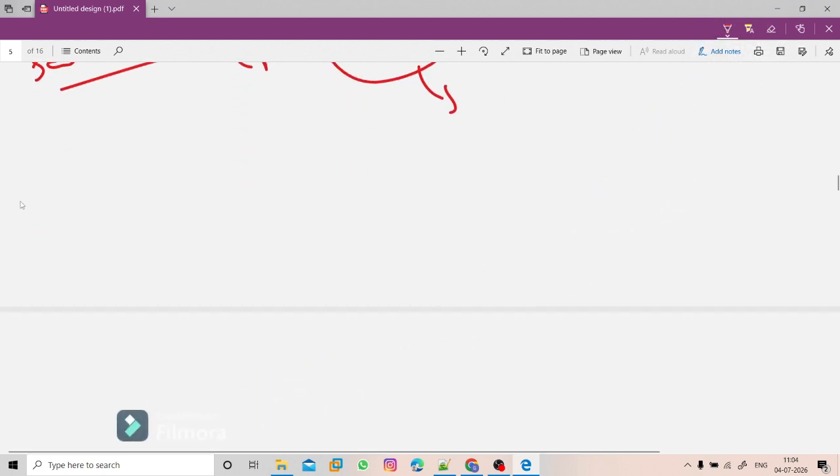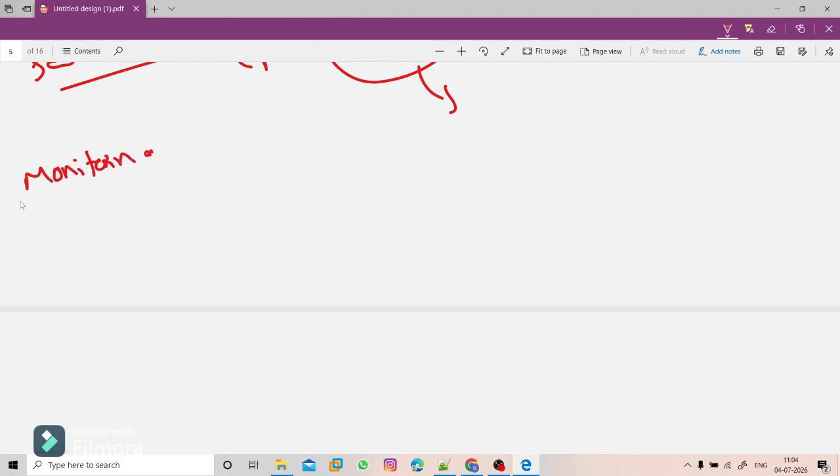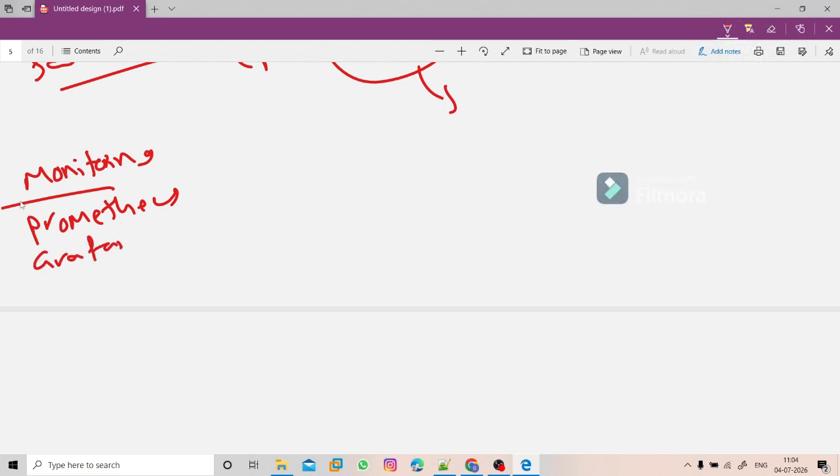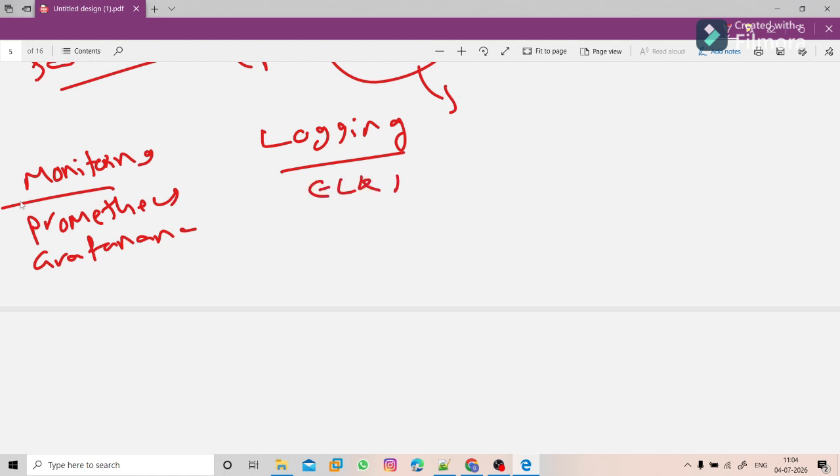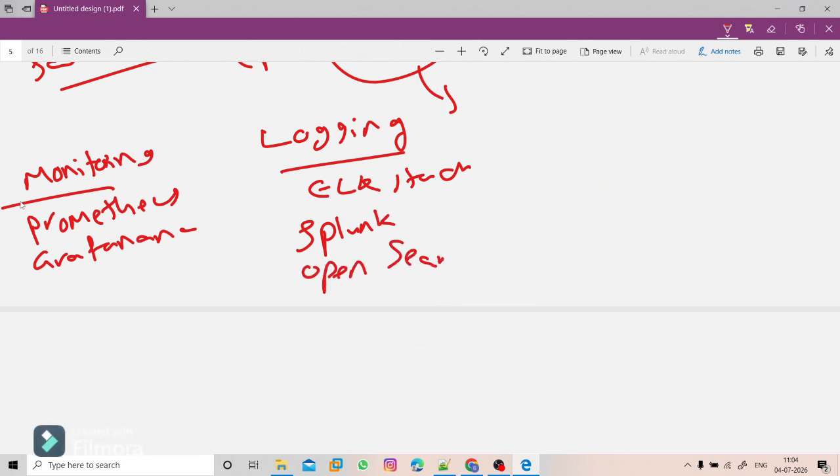For common monitoring tools, in this course we are using Prometheus, and after that Grafana. For logging tools, we are using the ELK Stack, and I will also use Splunk, and sometimes OpenSearch.